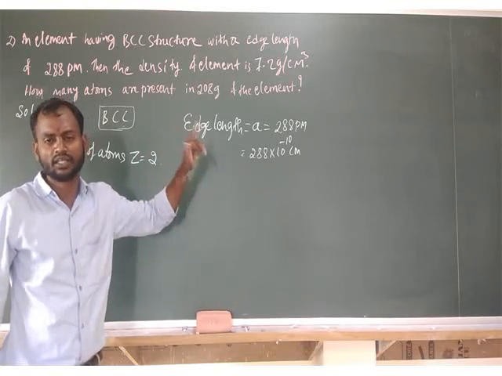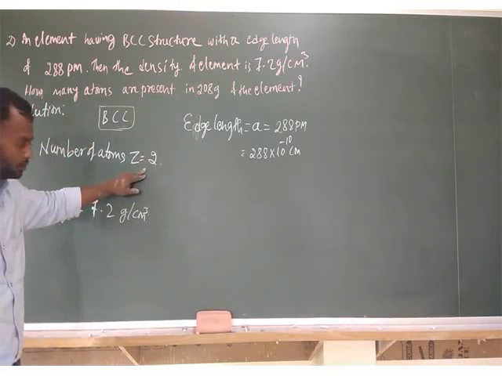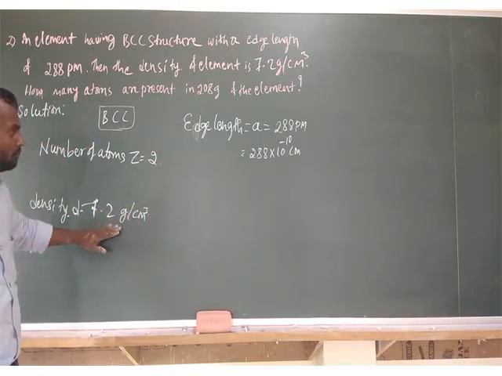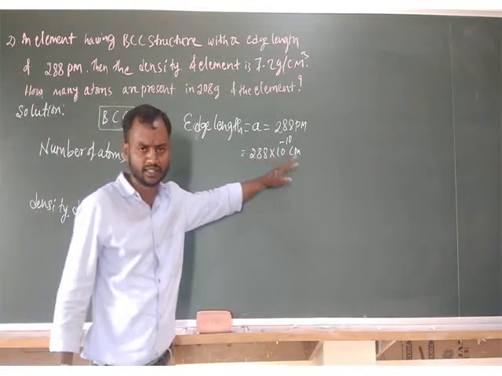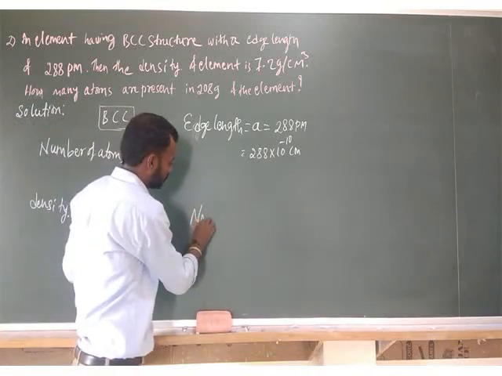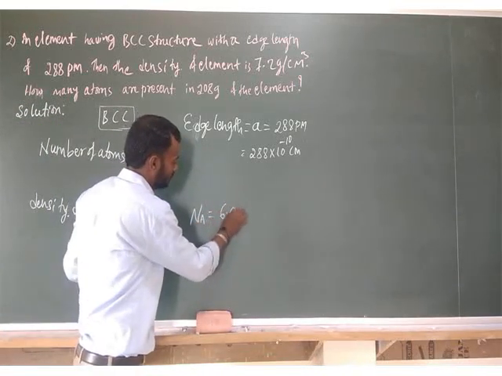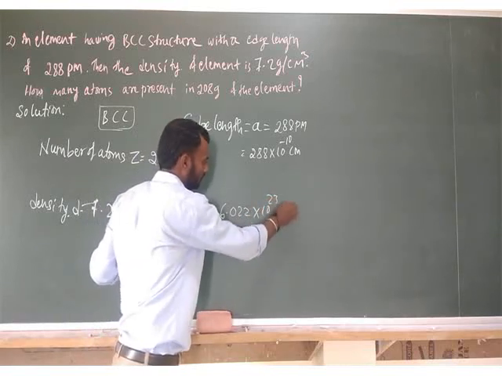Therefore, 1 plus 1 is 2. There are 2 atoms, Z equals 2. D is equal to 7.2. a is 288 into 10 raised to minus 10 centimeter. And Na is Avogadro's number, 6.022 into 10 raised to 23 per mole.